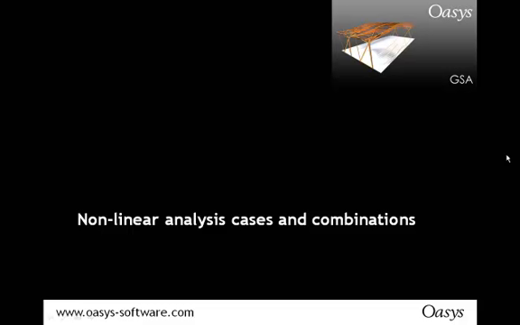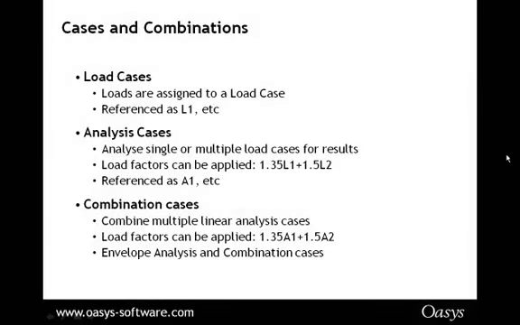I mentioned earlier about non-linear analysis cases and combinations. This can sometimes cause confusion when you first start on GSA. Load cases, this is where you apply the loads, obviously, and these usually have reference L1, L2, and so on. They have analysis cases with an L reference, and you can apply load factors at this point, and you have combination cases where you can combine multiple linear analysis cases, apply factors, and produce an envelope to find the worst case.